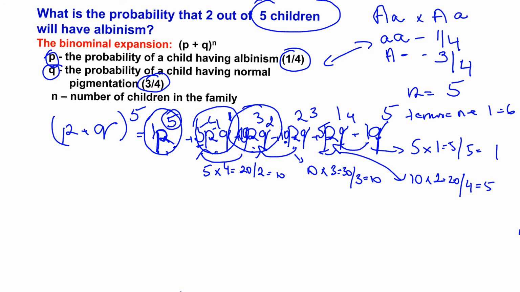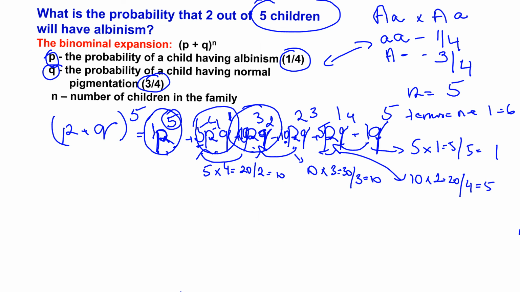We ask: what is the probability that out of 5 children, 2 will be albino? That means 2 will be albino and 3 will have normal pigmentation. And here we come: this is the term we use to calculate the probability answering the question we ask.